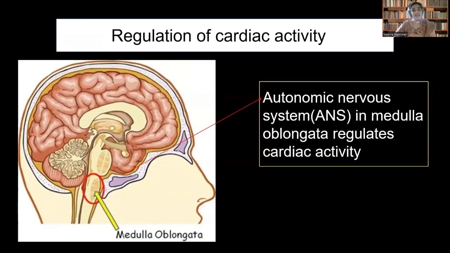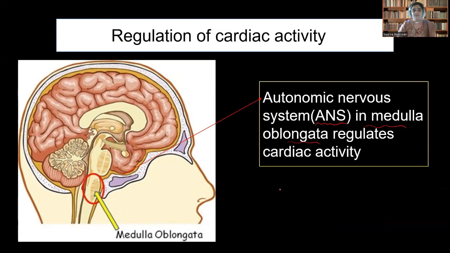And when we see the regulation of cardiac activity, the autonomous nervous system is mainly responsible for the regulation of our cardiac activity, which is regulated in the medulla oblongata, which is present in our brain. So, what is the autonomous nervous system? We will be clearly discussing it in the nervous system topic.